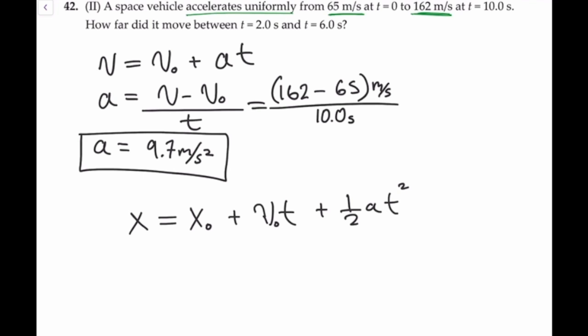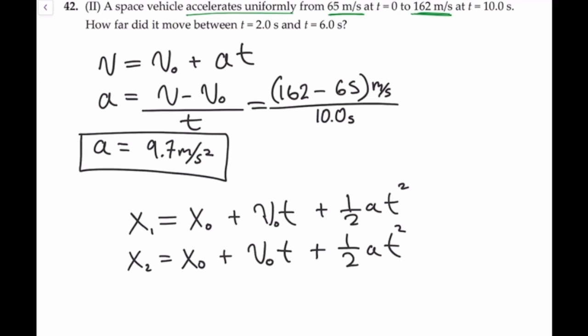In order to get the displacement, I would have to calculate this one, call this one 1, call this 2. You could plug and chug in your calculator, but I'm going to write it out.